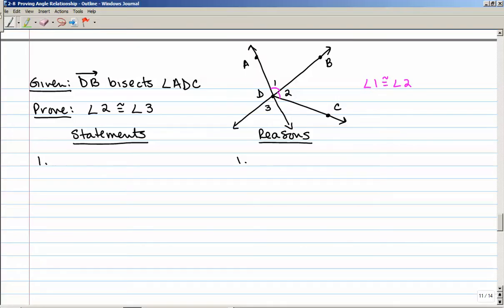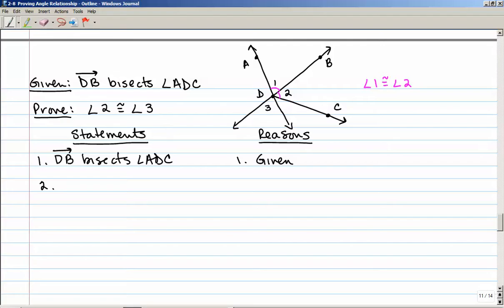Okay, so before we start to get too concerned about this, let's just state the given. Ray DB bisects angle ADC, and that is given. Okay, so using that idea, let's take it to the next logical step, which I kind of already did.